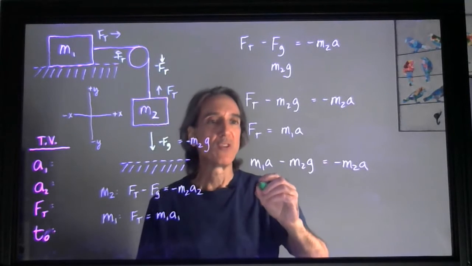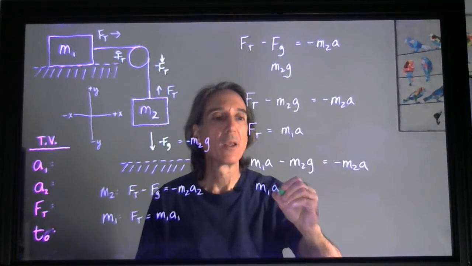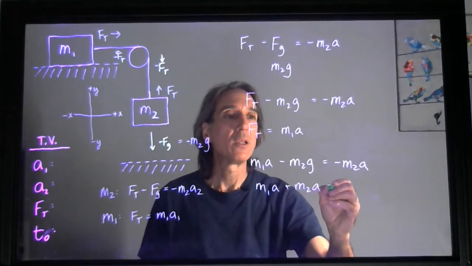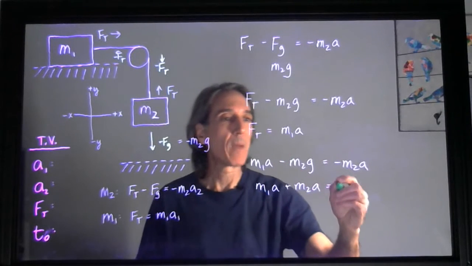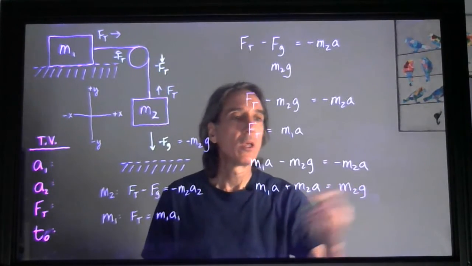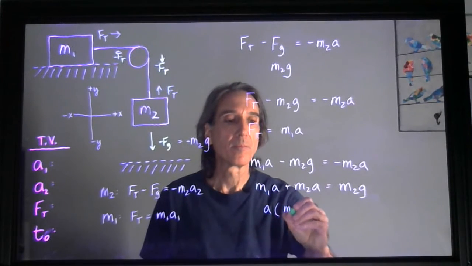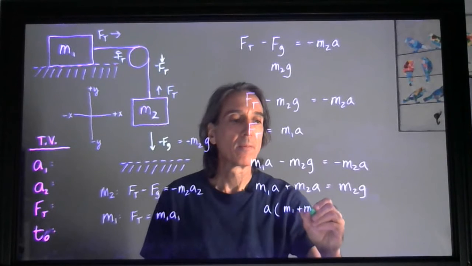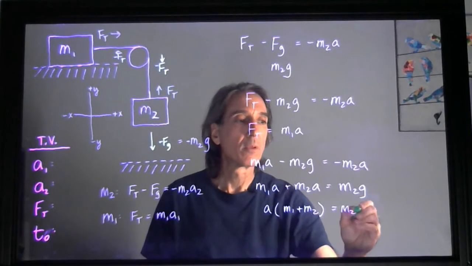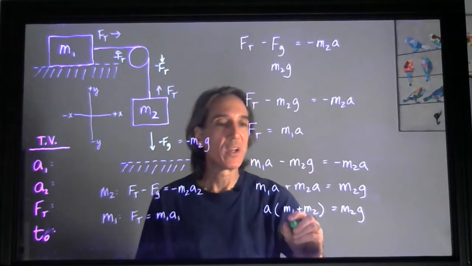And we can rearrange this, and we get m1a plus m2a is equal to, we bring minus m2g to the other side, m2g, we factor out an a, and now we just divide by the sum of m1 and m2.